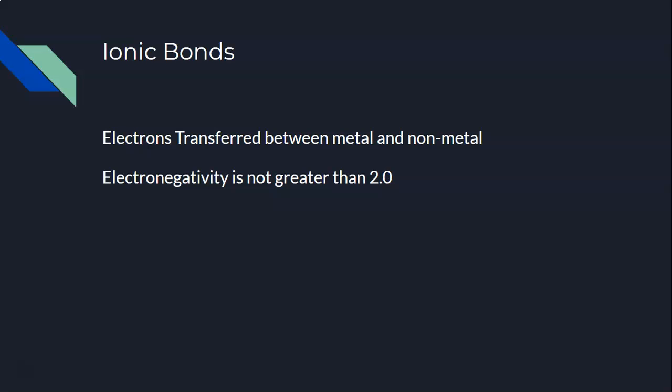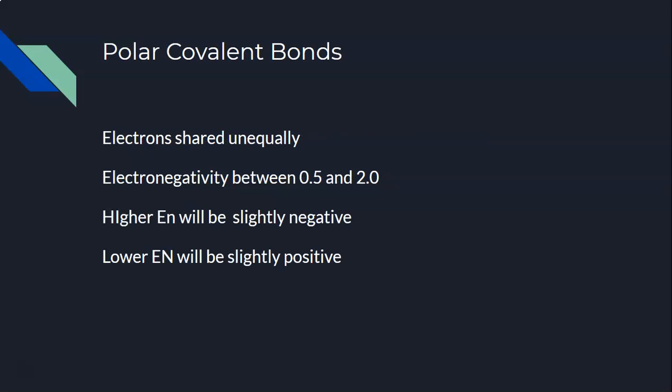In ionic bonds, remember, electrons are transferred between metals and nonmetals, and the electronegativity difference is greater than 2. In polar covalent bonds, electrons are shared unequally. So polar, you're unequal.